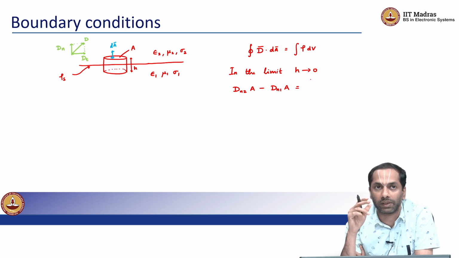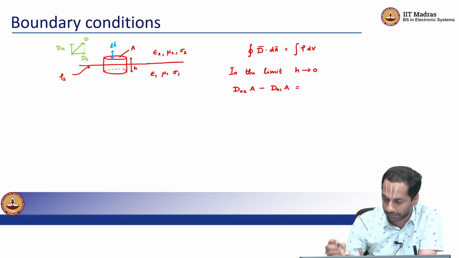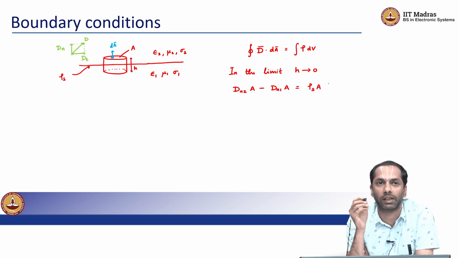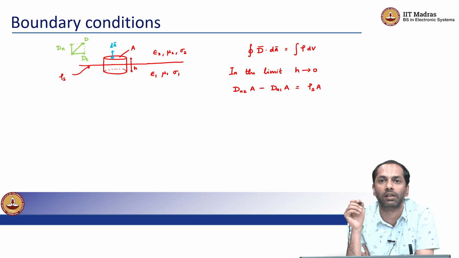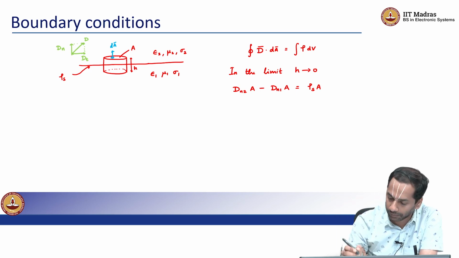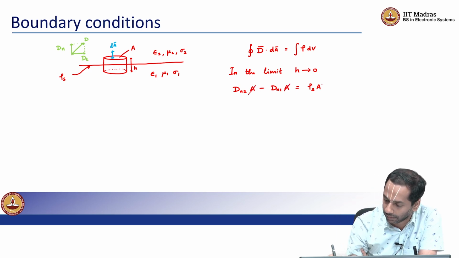and remember, if there is only sheet charges, this integral of rho dV just becomes rho s times A, right. I have a certain sheet charge density that multiplied by the area gives me the net charge that is contained within the pill box, right. So, the A's cancel and we get our second boundary condition using the displacement vector: dn2 minus dn1 is the surface charges.